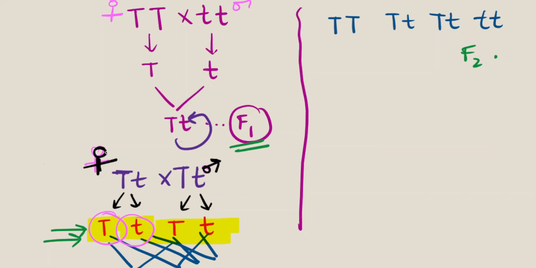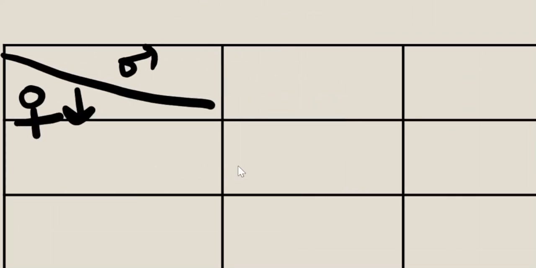So this is female and this is male. What we have to take are the gametes, these are nothing but gametes. So I will come to my square and write female gametes on this side, downwards, and on this side I will write male gametes.